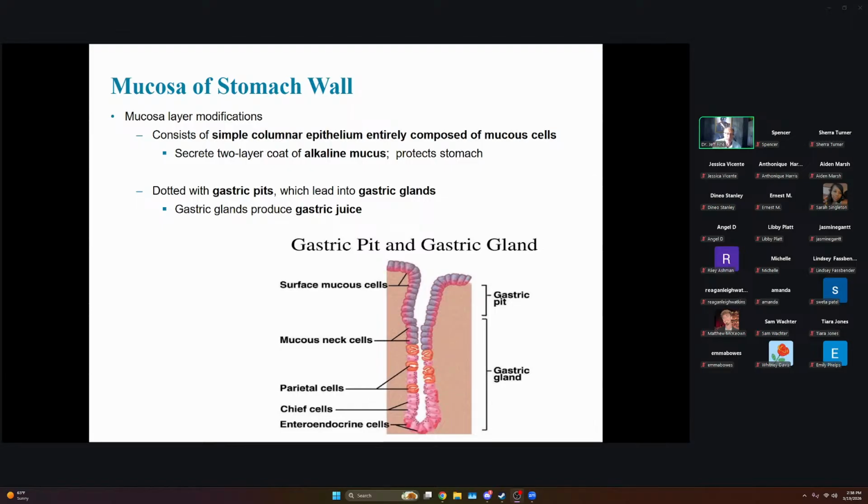That mucus is important throughout the body in various systems for lubrication. But in this case, when we're talking about the lining of the stomach, it has a second benefit: the mucus secreted by those goblet cells in the inner lining of the stomach is alkaline based. All right. And that's really, really important.